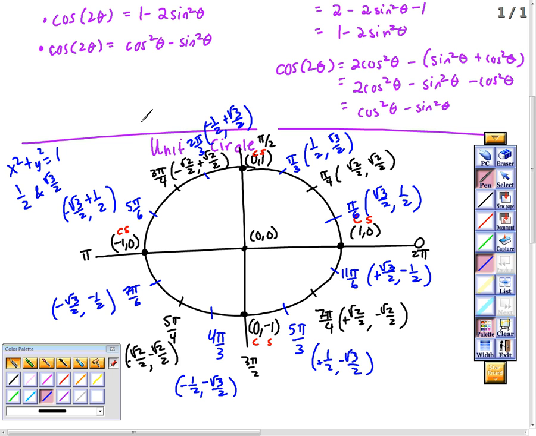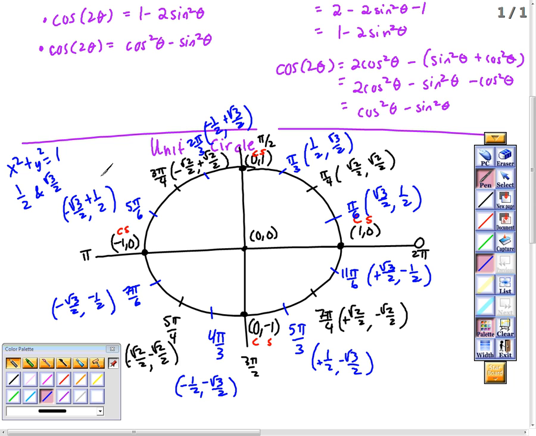Yes. Is pi over 4 the equivalent of 90 degrees? Pi over 2 is the equivalent of 90 degrees. Okay. But remember, pi is equal to 180. Because if I go all the way around the circle, I do a 360, right? Well, 360 is 2 pi.